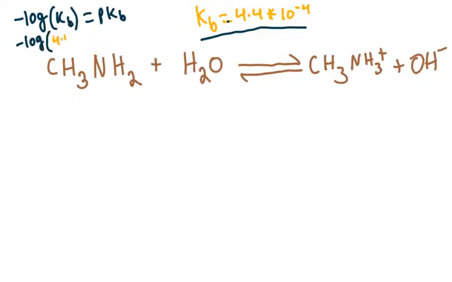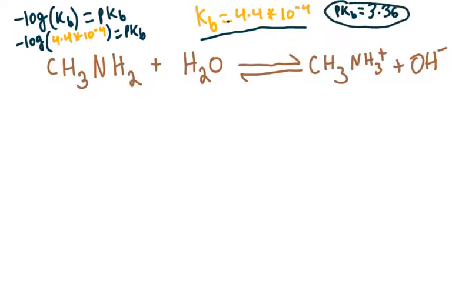Our Kb of methylamine is about 4.4 times 10 to the negative fourth, and we get our pKb value of about 3.36. All right, so that's our pKb value.